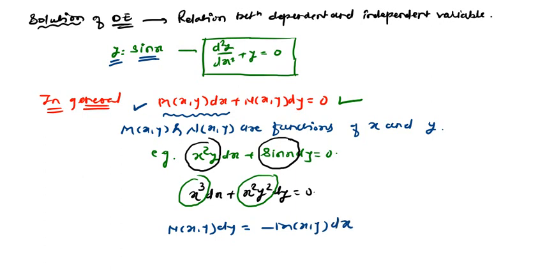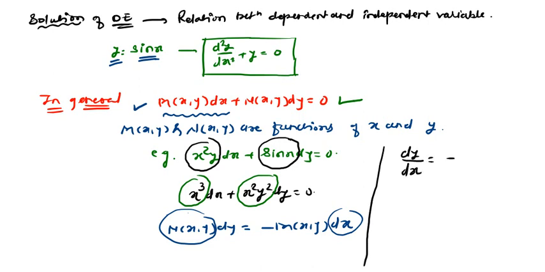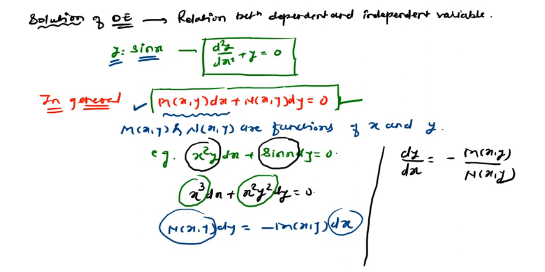If I take the dx term to the left side and the M(x,y) term to the right side, the differential equation will be dy/dx is equal to minus M(x,y) upon N(x,y). So any differential equation can be written in this form, or in that form.